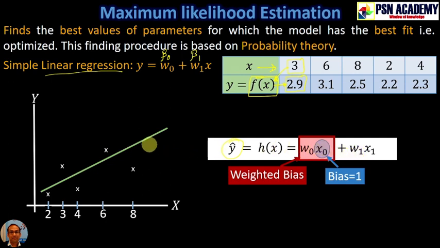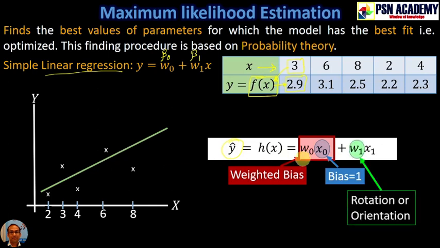Now, to find out the best line that gives you the minimum error, you have to go for two kinds of operations. First, you may have to rotate the line like this for adjustment, and for that, this w1 is working. And the other operation is shifting operation. You may have to shift the line up and down. For that, this w0 is working.